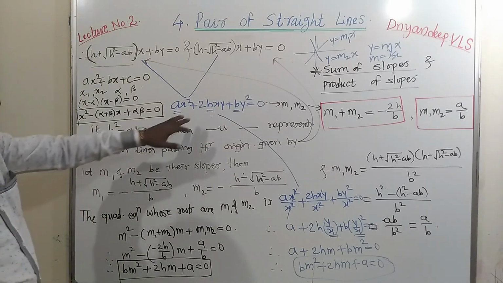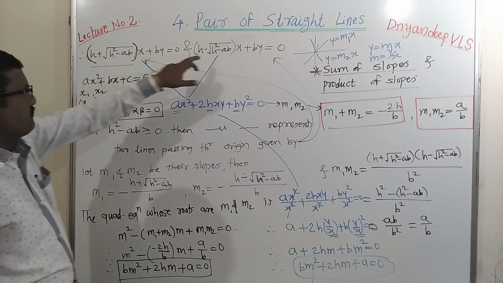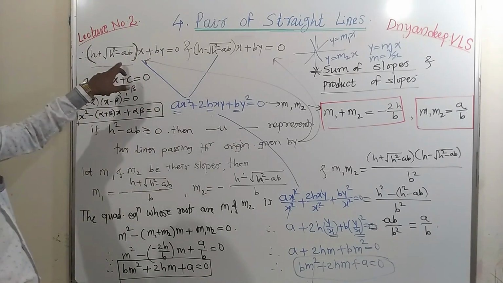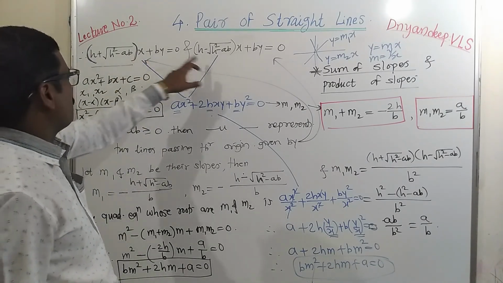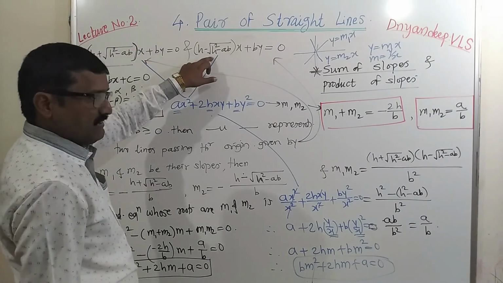After that, in the theorem, we obtained the separate equations of the lines given by this combined equation. Those equations are these, and these are the two separate equations, and these two lines are real if h square minus ab is greater than or equal to 0.